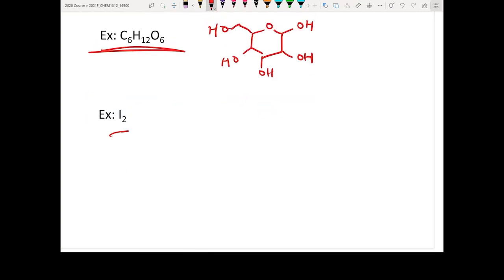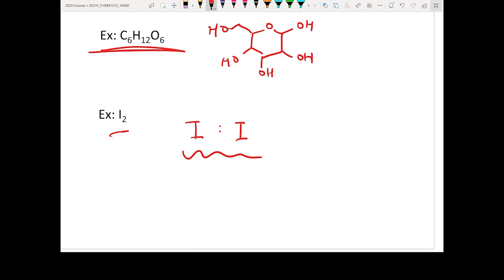How about I2? If you have some chemical knowledge, then you know what the formula will look like. Is this a polar or non-polar molecule? Non-polar. But water is a very polar molecule. Therefore, they are not alike and they don't dissolve with each other.